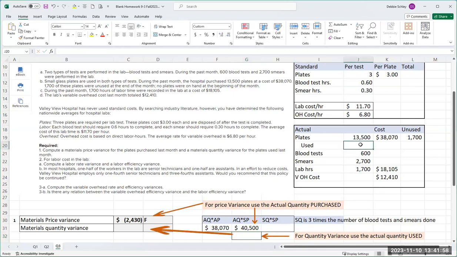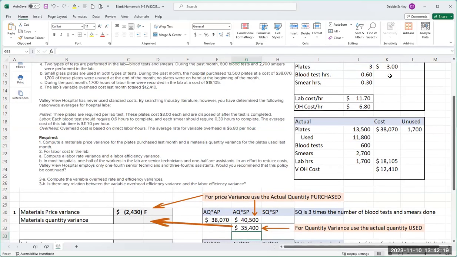So I left a little space right here to figure out used, and that is simply the purchased minus the unused, and that equals the used. Okay, so I'm going to take the actual quantity used times the standard price per plate.